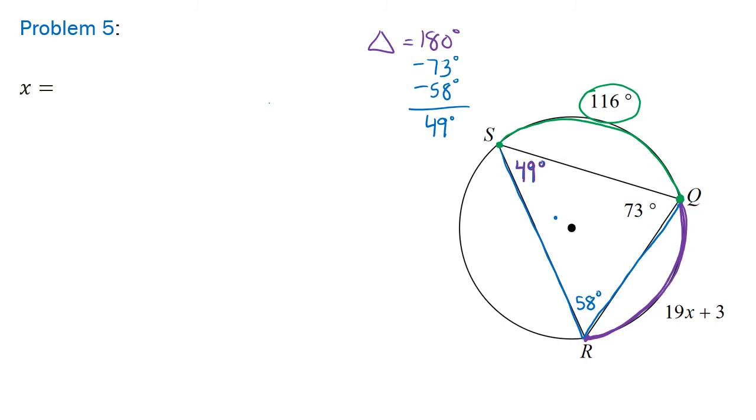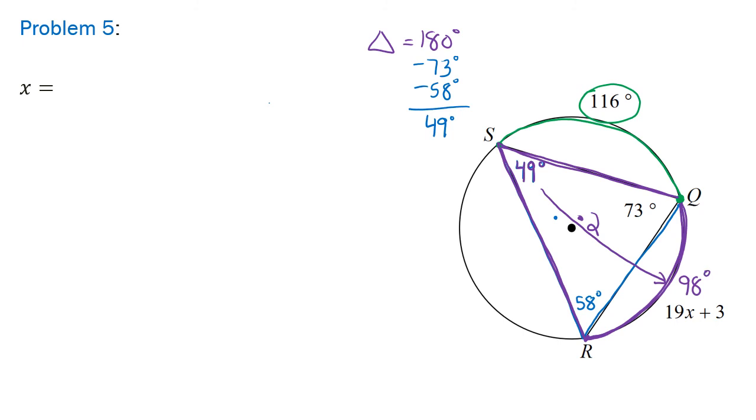So keep in mind that this right here, this inscribed angle RSQ, which is 49, if we want to know what its arc is, we should multiply the 49 by 2. So 49 times 2 is going to give us 98 degrees.